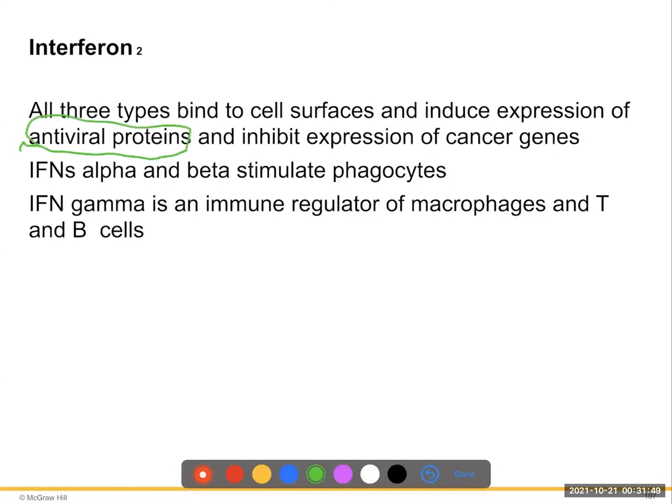Antiviral proteins are proteins that are going to help destroy the viruses that are invading the body. Okay. They inhibit expression of certain cancer genes. The interferons alpha and beta stimulate the phagocytes to start eating material. Interferon gamma is a regulator for the macrophages and the T and B cells.